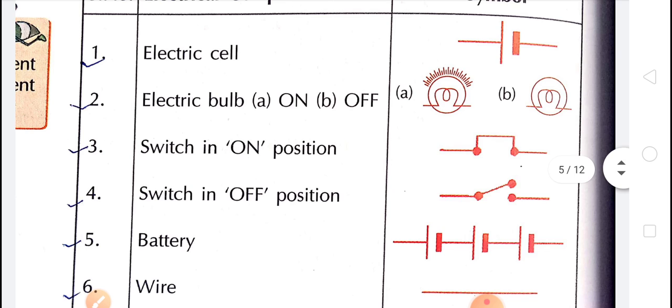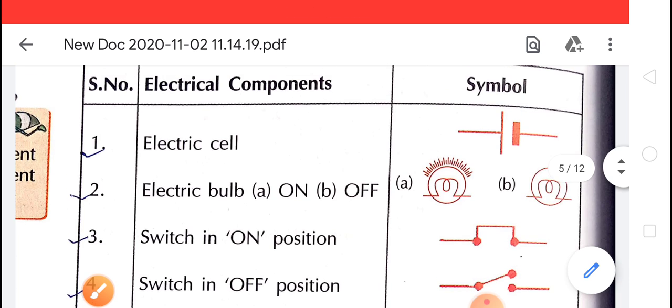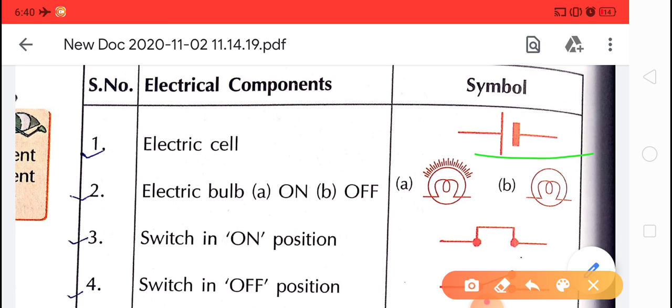You see, children, this I have taken from a science book, Learn Well Science. If you want to study more about that, you can learn from it. The electric cell symbol is this. You can see that. Electric cell we can represent by this symbol.